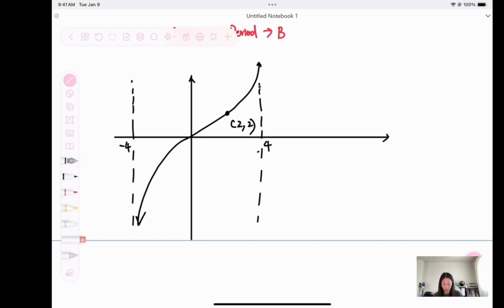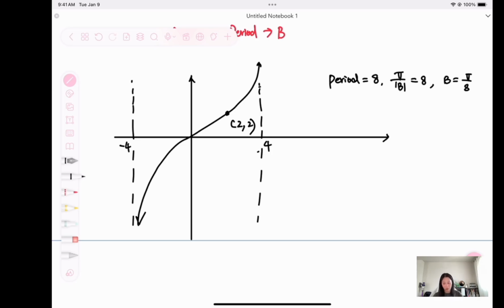What do you identify? Well, first of all, I identify the period is equal to 4 minus -4, which is 8, which means I can find b, because pi over the absolute value of b gives me the period. So I solve for b, which is equal to pi over 8.